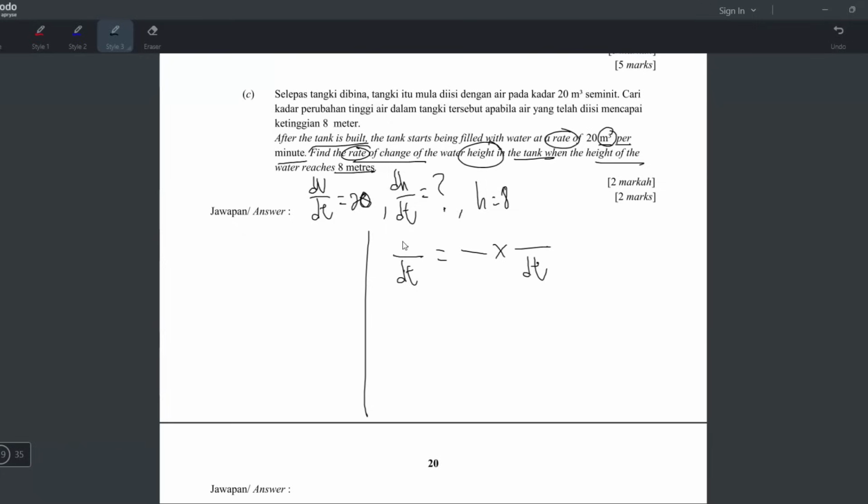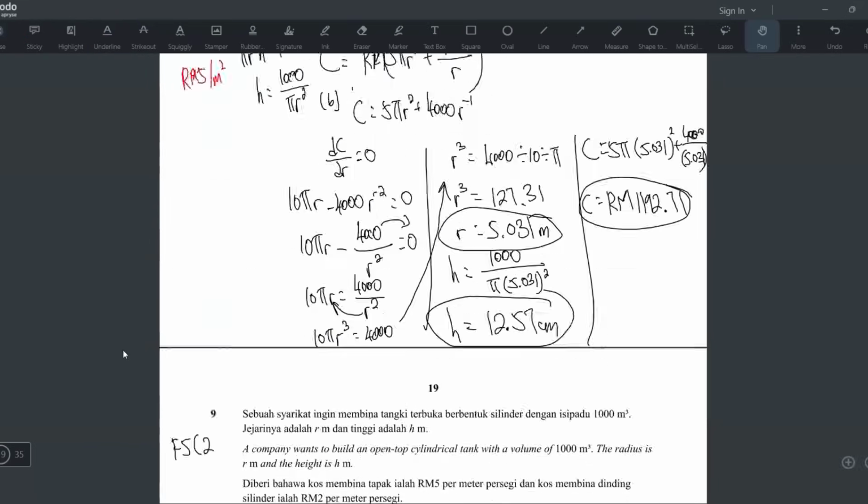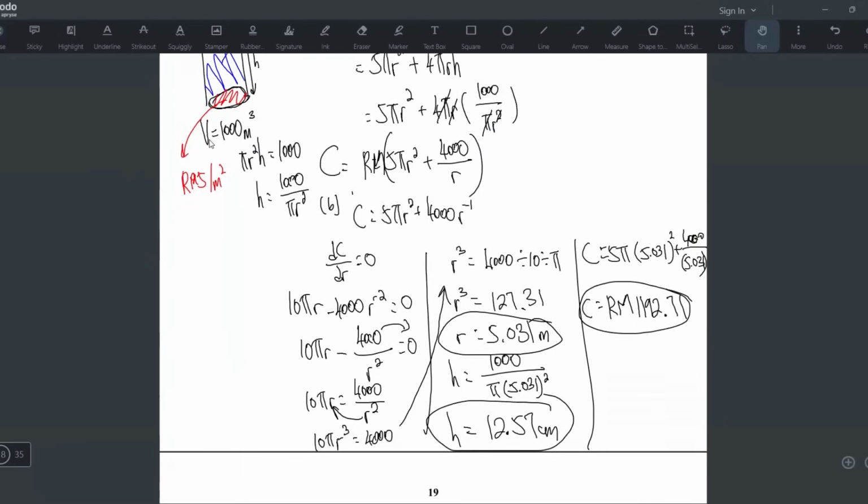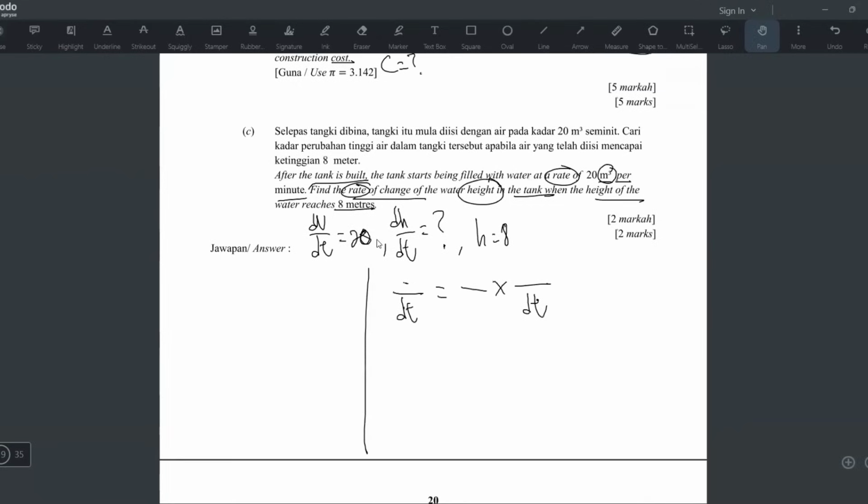So for this one, do you write dV or dh? Of course it must be dV. You know why? Because your equation is V equals, not h equals. That's why you have to write dV here. Because later you can see your equation, V stands for volume, and h is the height.